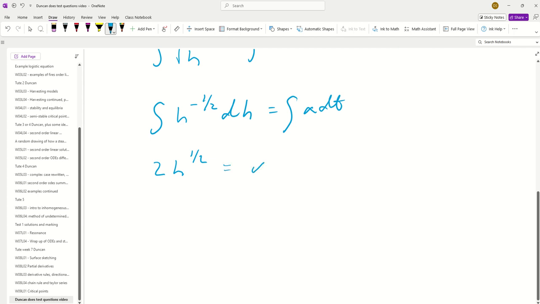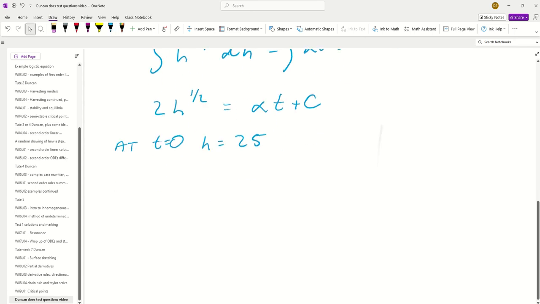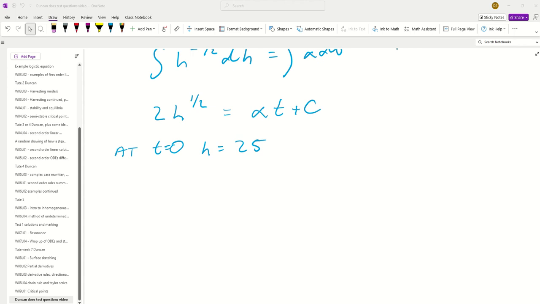I'm going to put my constant of integration on this side, like so, and then say that at t equals 0, h equals 25. Oh my god, what a nice perfect square. That implies that the constant of integration, c, is 10.